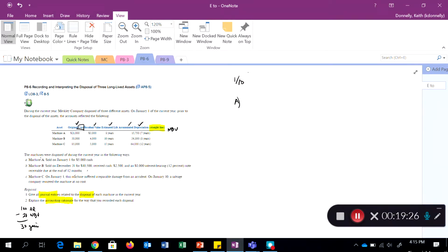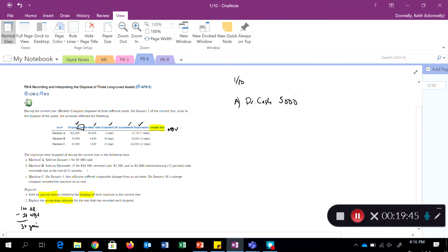So in that case, zero depreciation is recorded. In the journal entry they're asking for, we know that we got $5,000 cash. So debit cash, $5,000. That's pretty easy.